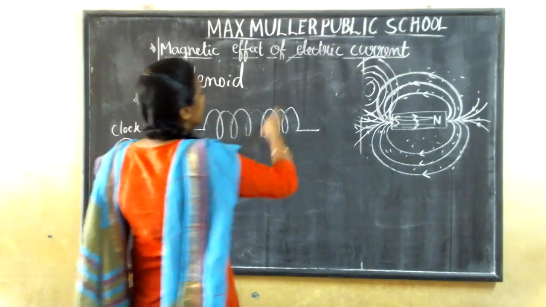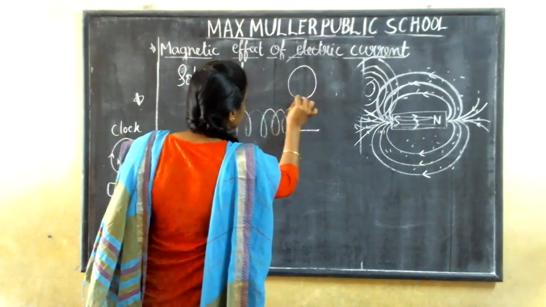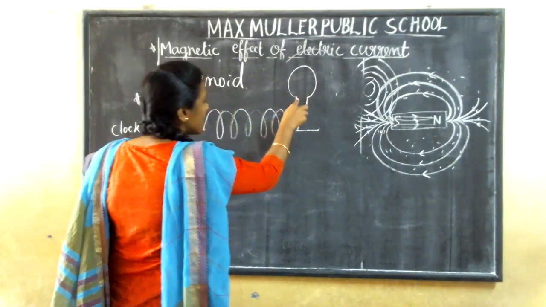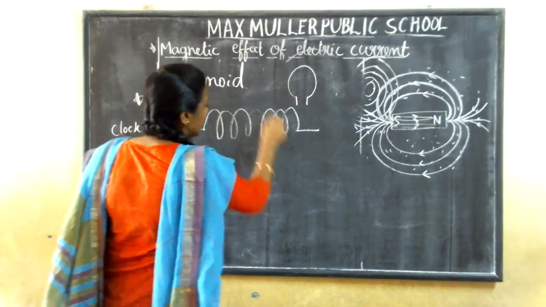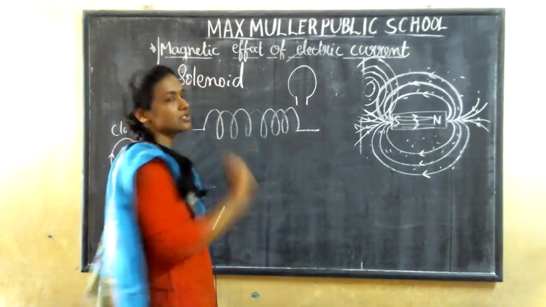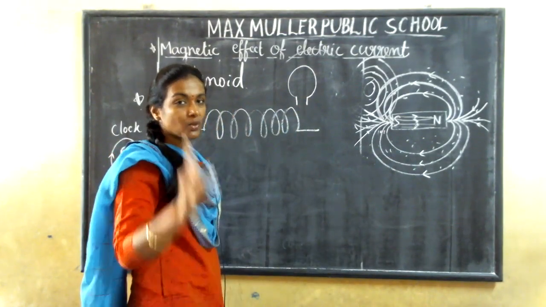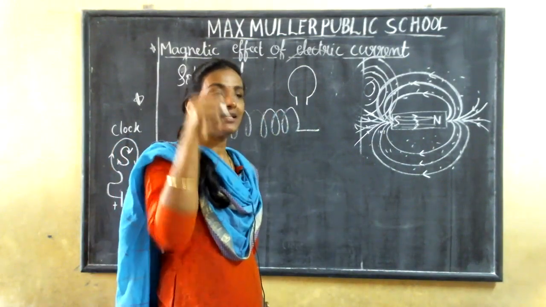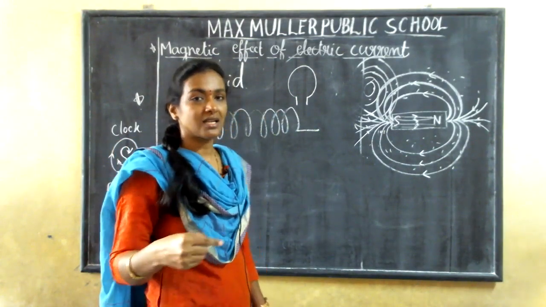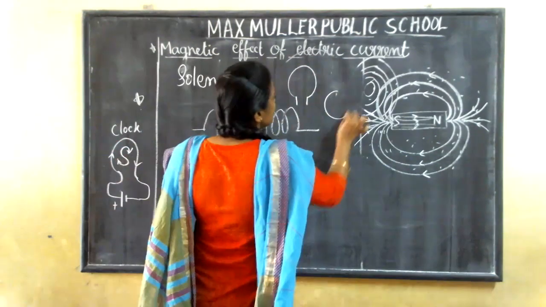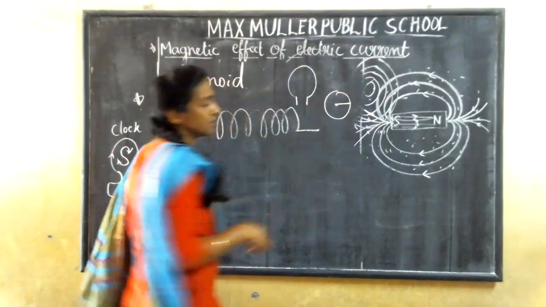For example, here this is one wire, children. What I have done is just rotated it like this. So I am saying this one is a solenoid. But the one condition you have to apply is that the length of the wire should be greater than the diameter of the circle. Diameter, you know, no?